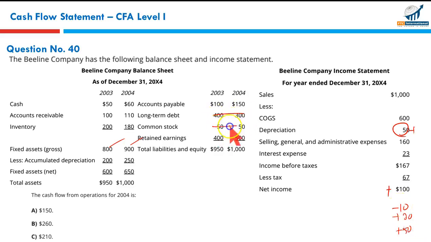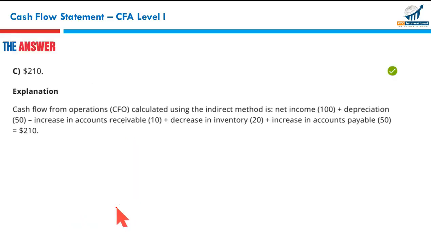Long-term debt, common stock and retained earnings are not relevant. These are all the adjustments needed. So 100 for net income, 50 for depreciation, less 10, plus 20, and plus 50 gives you a total of 210. So cash flow from operating activities is 210. That's C. C is the right answer. All right, moving on.